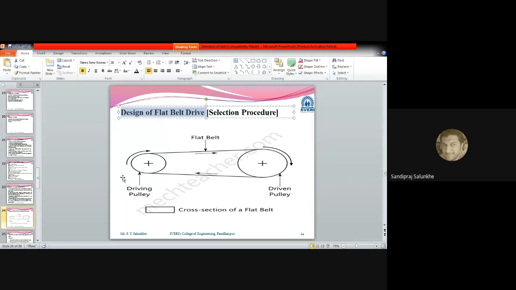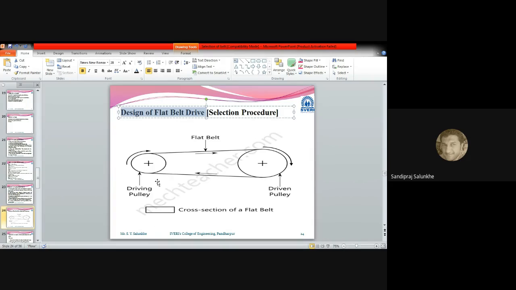So all these other equations are used, but the basic stress equation is not used for finding out the dimensions. That's why instead of calling it a design, we can call it a selection. Okay. So selection of flat belt drives.